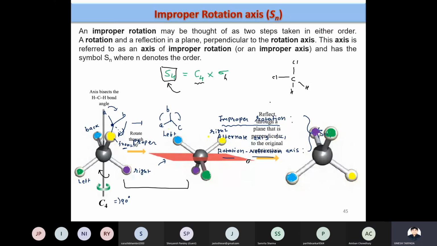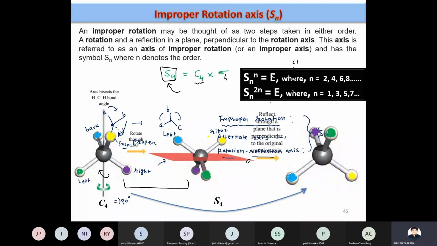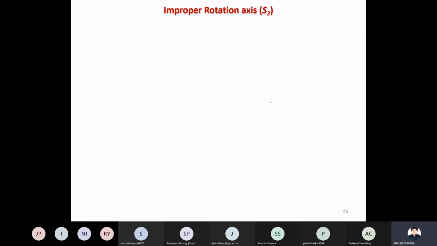Yes sir. Okay, so up to here we have completed all these 7 symmetry elements. This combined process is called S4. First is identity. Second symmetry element is rotation axis, which is of two types, Cn and Sn.